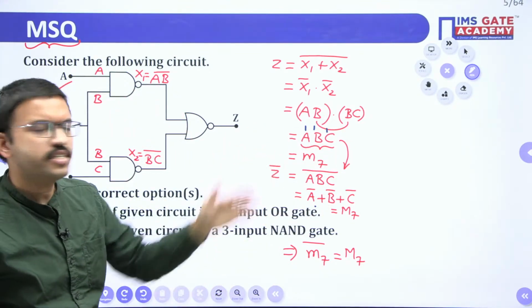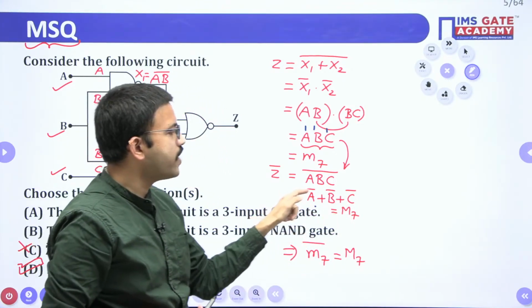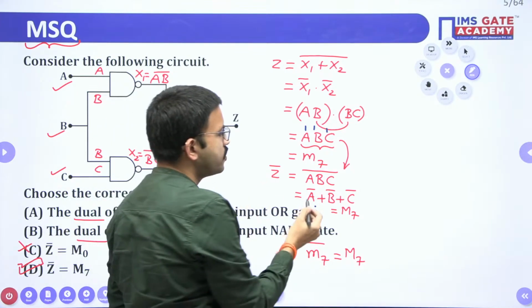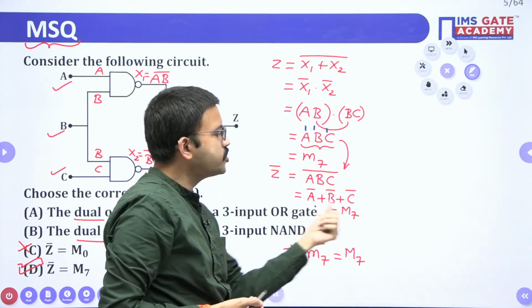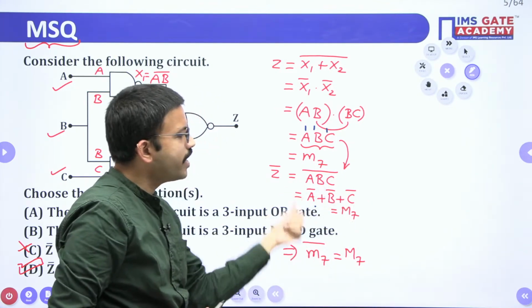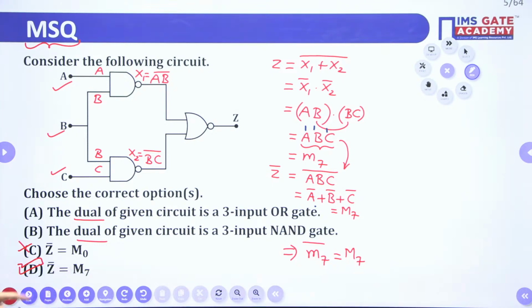Exactly opposite you have to consider for the maxterm. Whenever you are having complement, that means the corresponding variable value is 1. When you substitute here A, B, C values as 1, the resultant value will be 0, right? So that's why the answer is M7, it's not M0. I hope it is clear up to here regarding the complement of the overall circuit function.